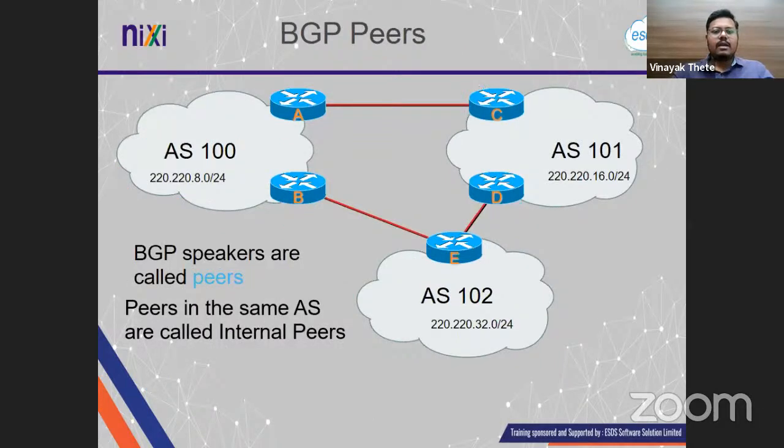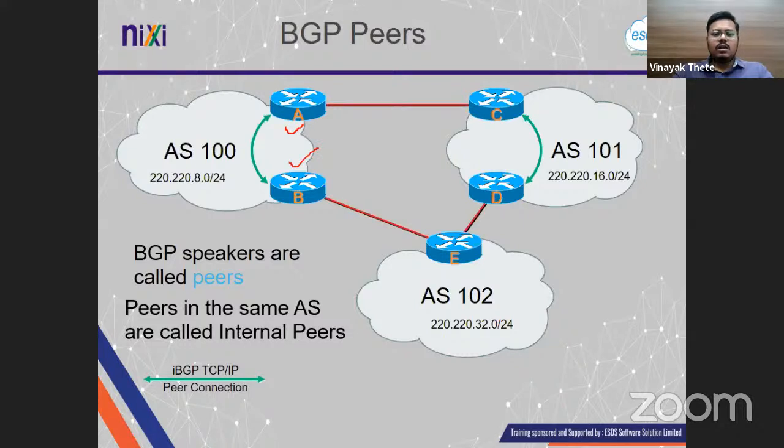Second is internal pairing. This second type is BGP pairs which are internal pairing. So AS100 has two routers, router A and router B, but both routers have the same AS number.